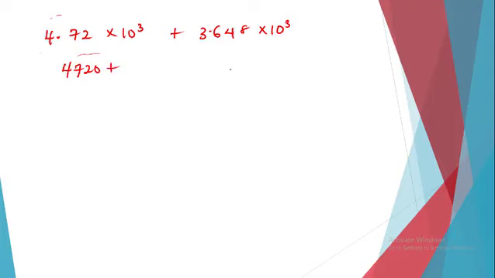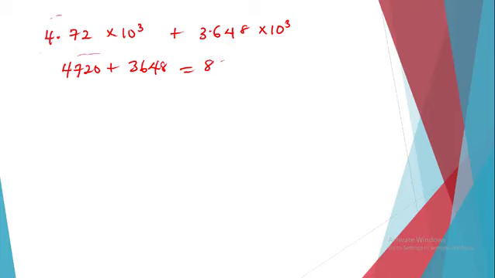4720 plus, you multiply this through, this is 1000 times 3.648, that will give you 3648. Then when you add them up, what do you have?